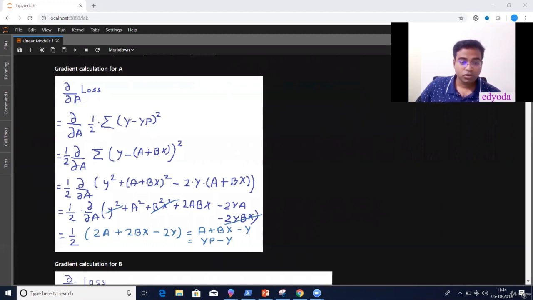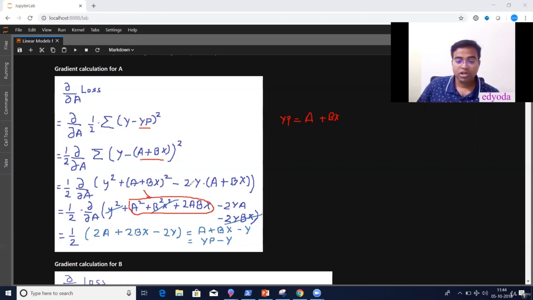Expanding yp, as we have seen earlier, yp is equal to a plus bx, right? We are expanding it over here, and then we are just expanding the square. So a square plus b square, and you have a minus 2ab. Then expanding this, a square plus bx square plus 2abx. This is an expansion for this.